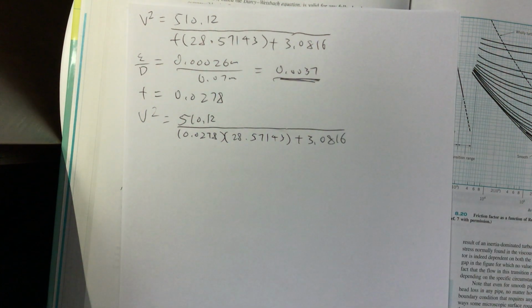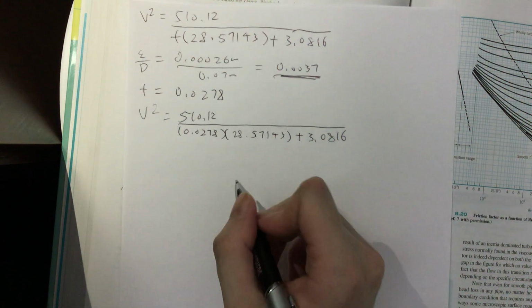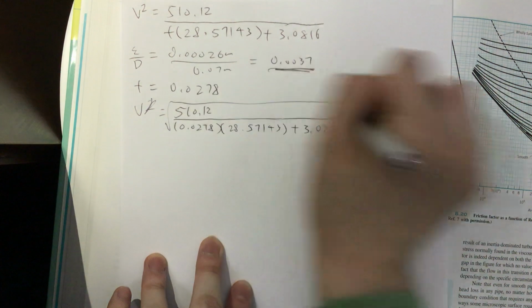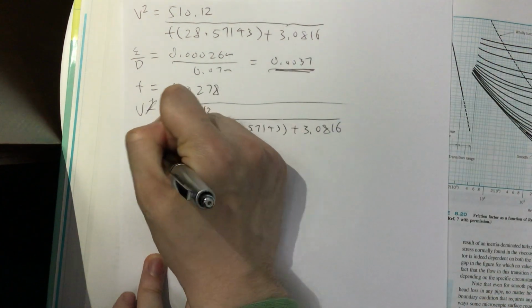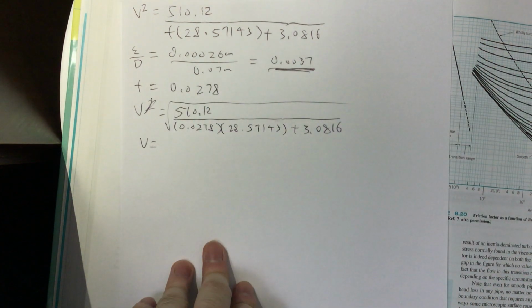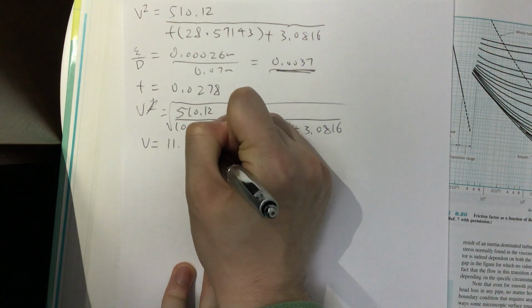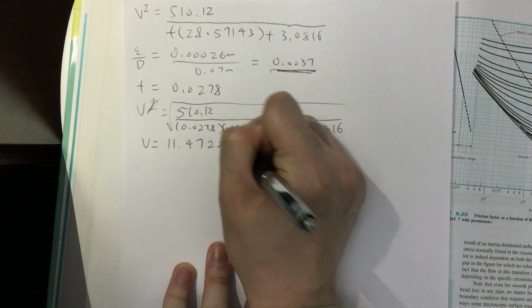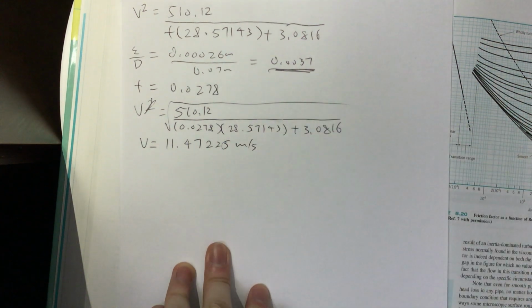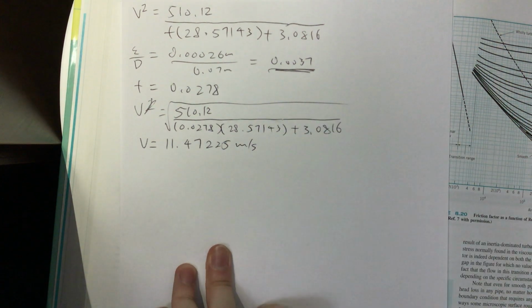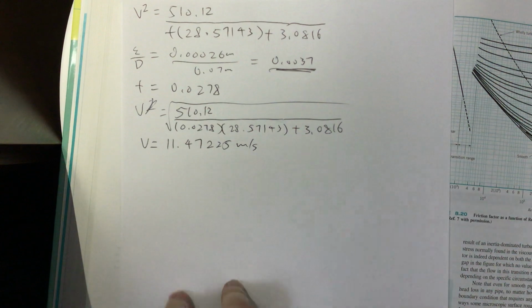Square root the entire thing. You get V equals 11.47225 meters per second.